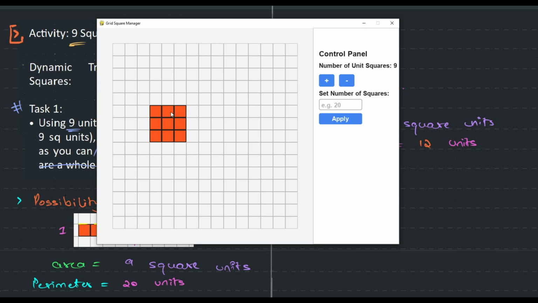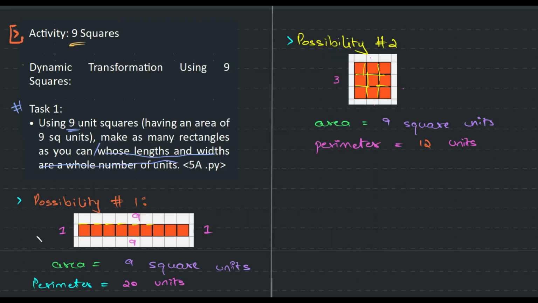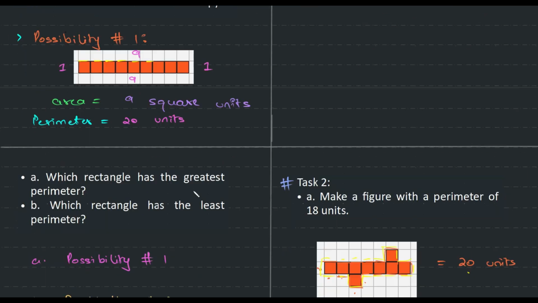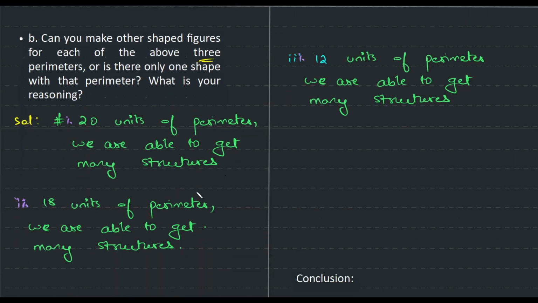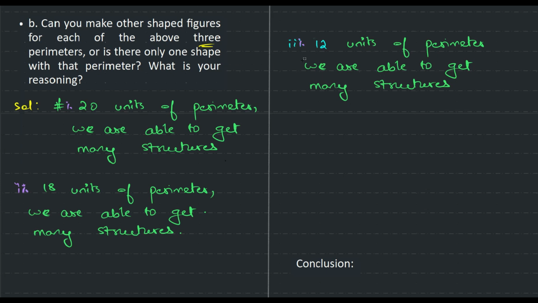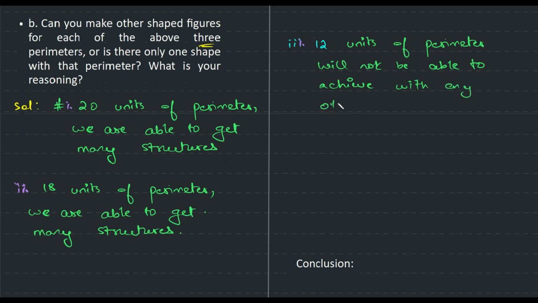So if you open up anything, what will happen? The perimeter will increase. So the answer is no for this. When it comes to 12 units of perimeter, we will not be able to achieve it with any other possibility.